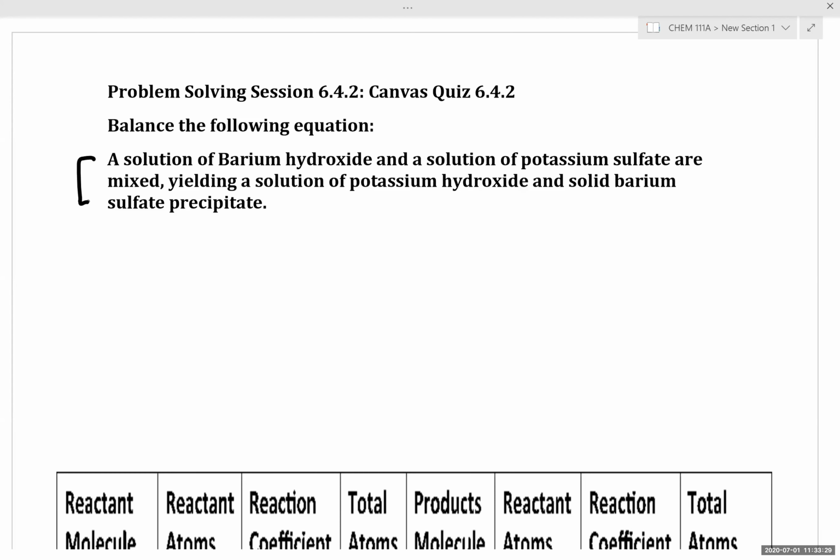The responses I see in the chat, I would double check to make sure potassium is balanced, but most of the other coefficients look good. I would double check that potassium and barium are balanced in the response that I just saw in the chat.